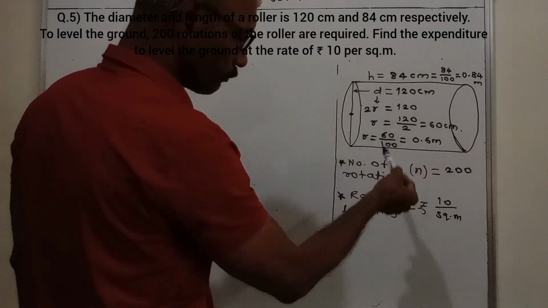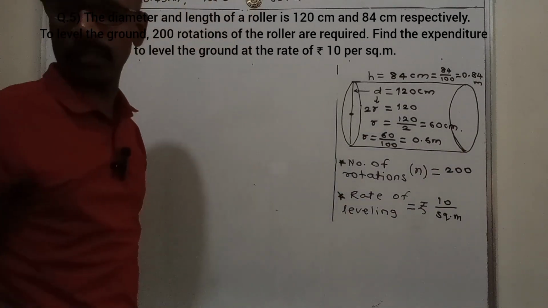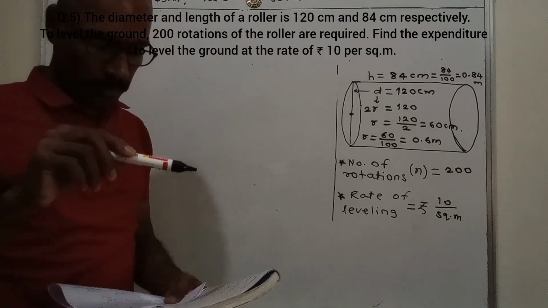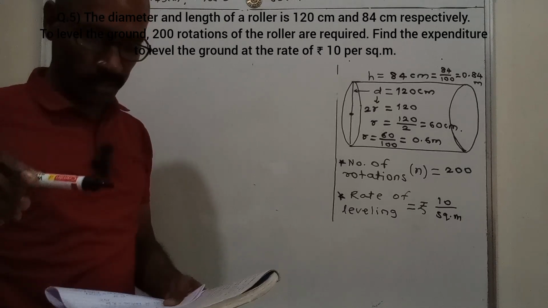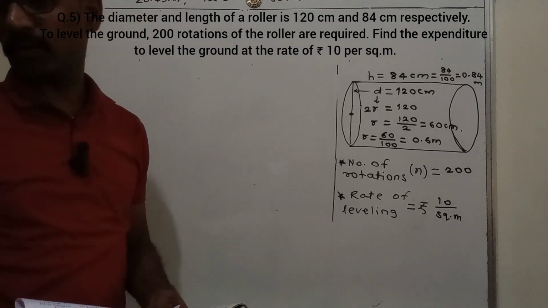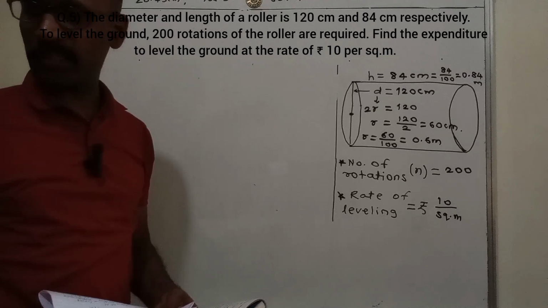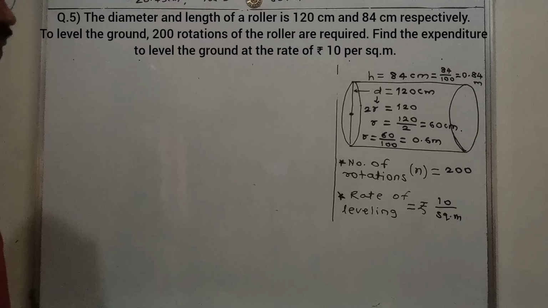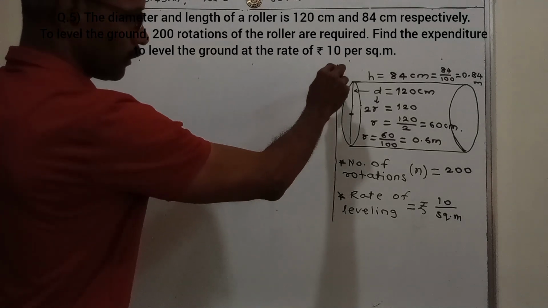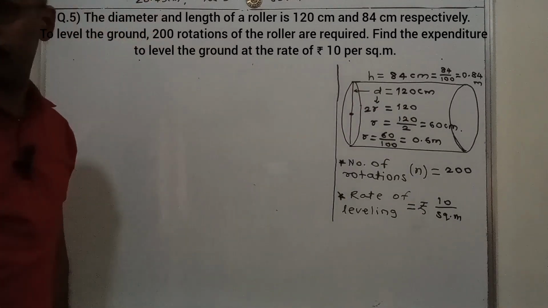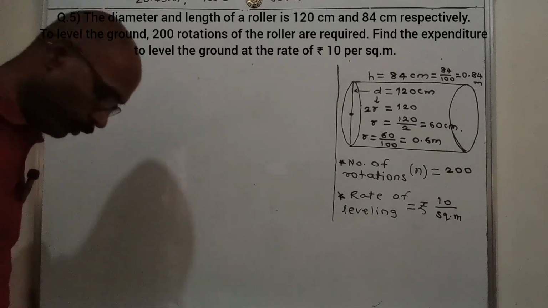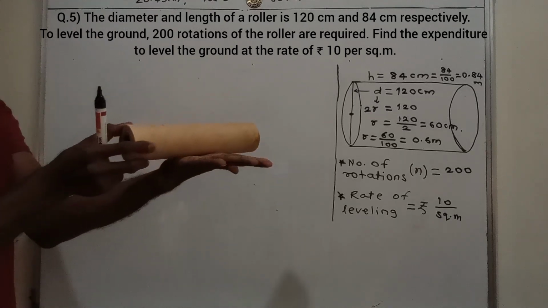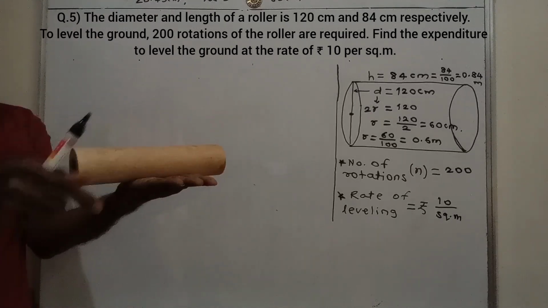Now from this we will find the cost. What is the question? Rate of leveling is given. Then find the expenditure or cost of leveling. Now see this carefully. When any roller levels ground, see this is the roller and this is, suppose, the ground.